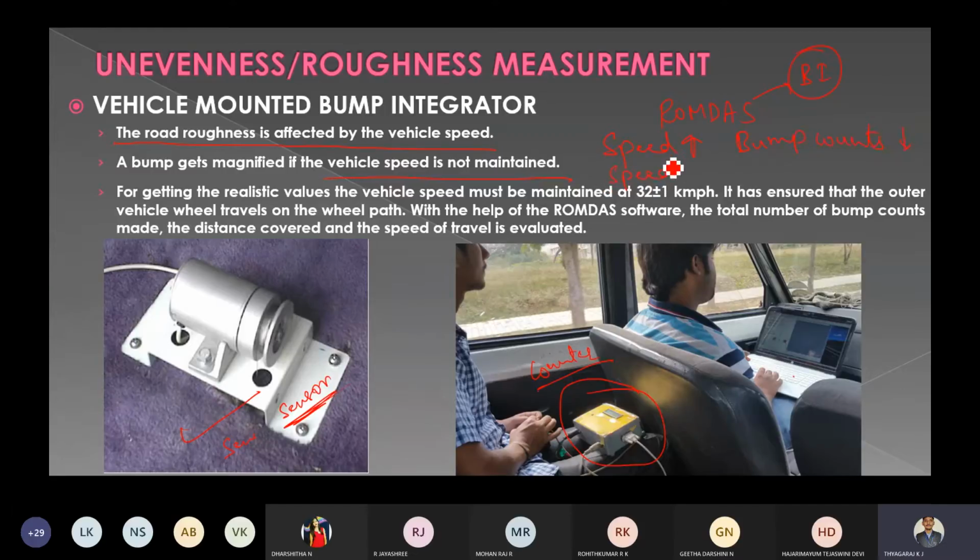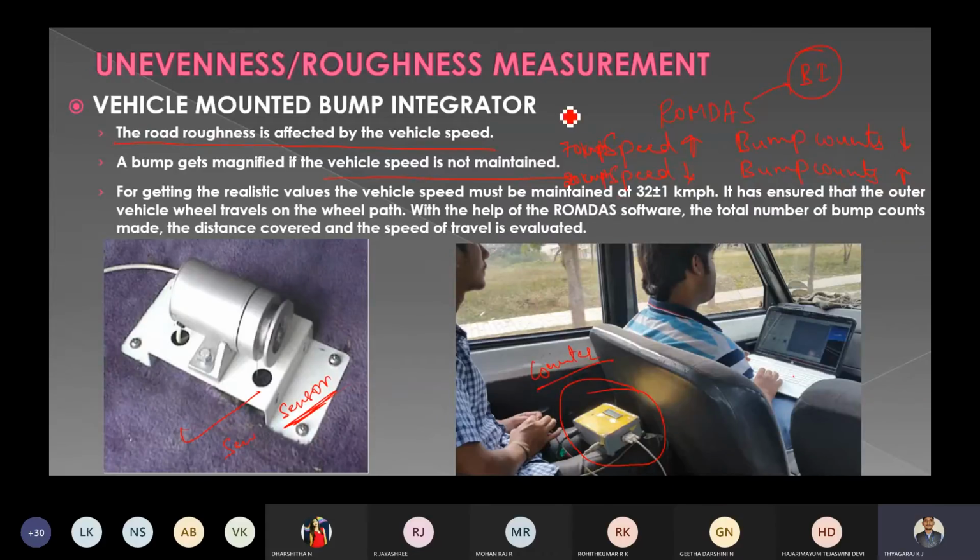If the speed of the vehicle is very low, the bump counts will be more.